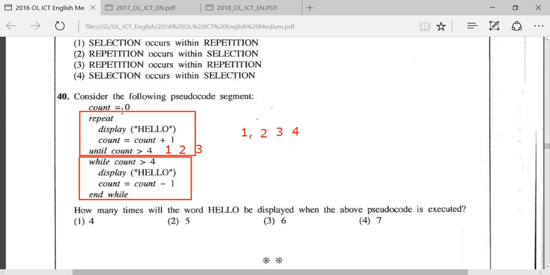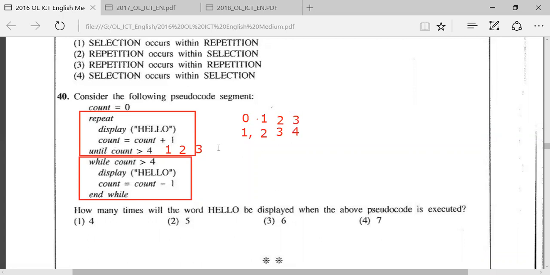So when the count value is 0, first time; when the count value is 1, second time; when the count value is 2, third time; when the count value is 3, fourth time.